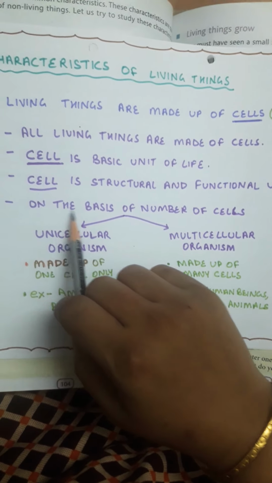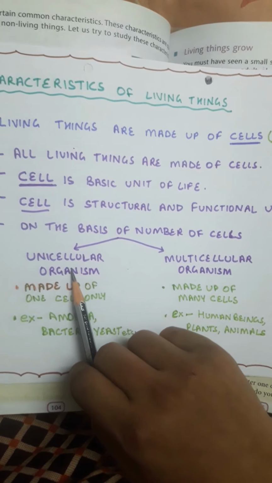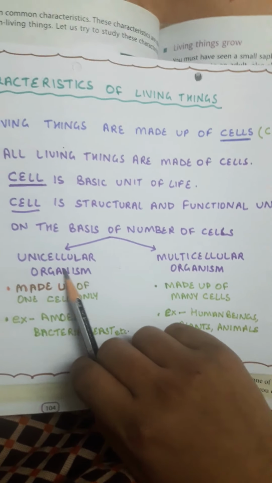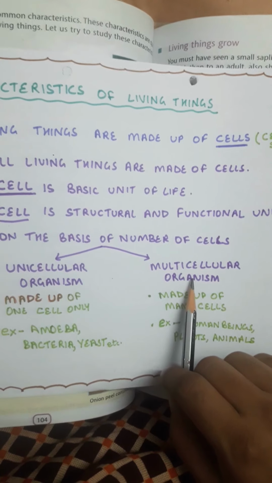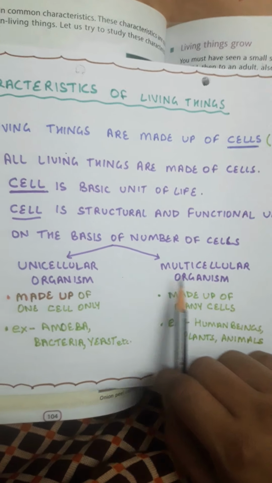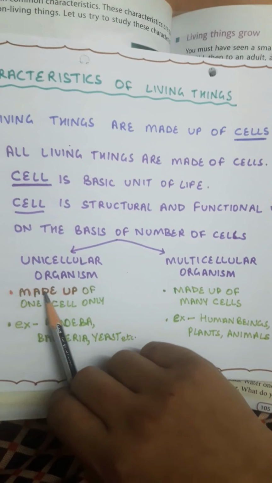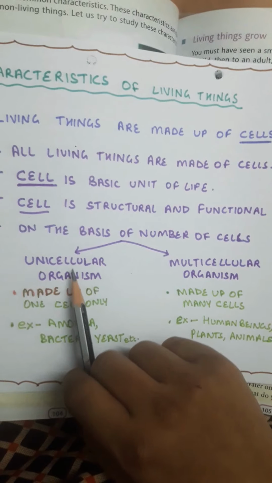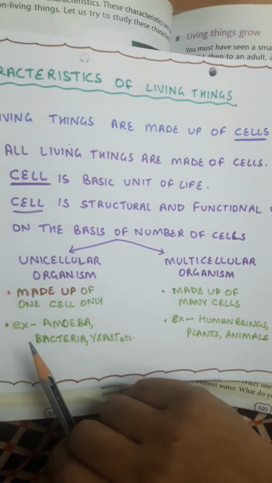Next, on the basis of number of cells, the organisms can be segregated into two types: unicellular organisms and multicellular organisms. Now, unicellular organisms are made up of one cell only. Unicellular organisms are those whose body is made up of only one cell.